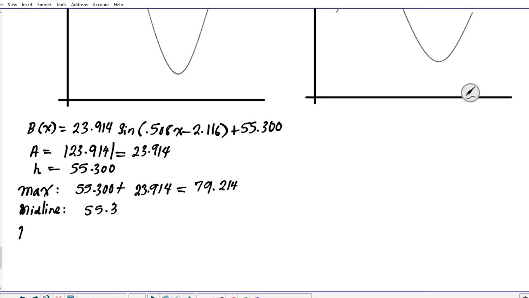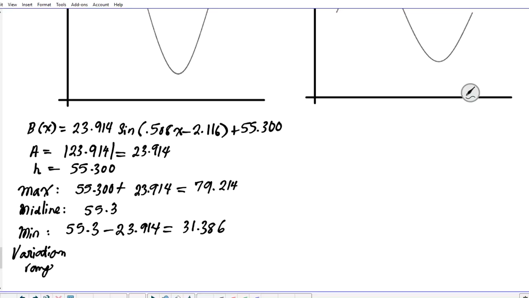Okay, and then your minimum is the midline, 55.3, minus the amplitude, 23.914, which comes out to 31.386. And then your variation, or range, same thing.